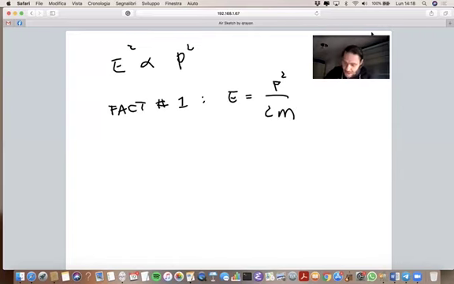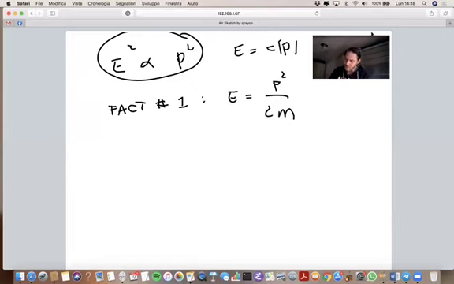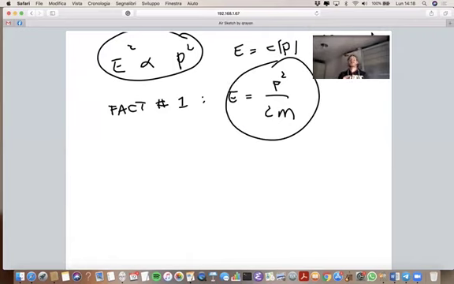In fact, the linear relation is actually true for photons, where the energy is c times p. But for electrons, we know the energy is proportional to the square of the momentum. This is called the dispersion law for the electron.